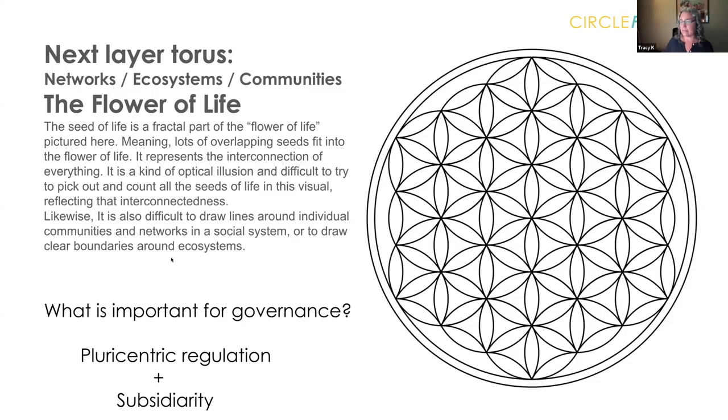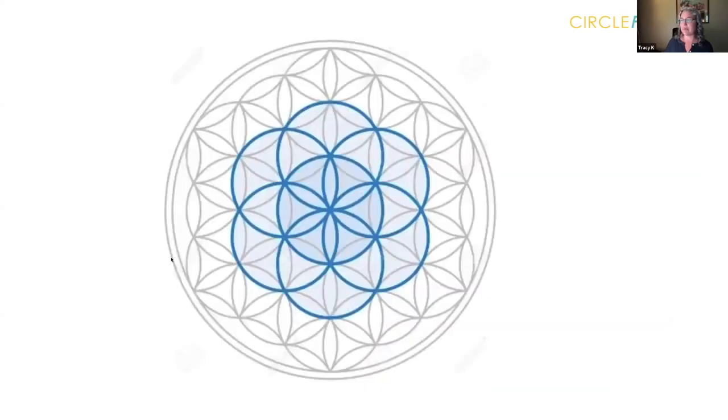Okay. I'm going to keep rolling just to finish. I pulled out the seed of life for you. I find in these network environments, which is where Michelle and I work, that the governance issue is something I'm still trying to solve, and I think that the GRC does it really well: being able to pull out and make visible these seeds of life that are part of this network.